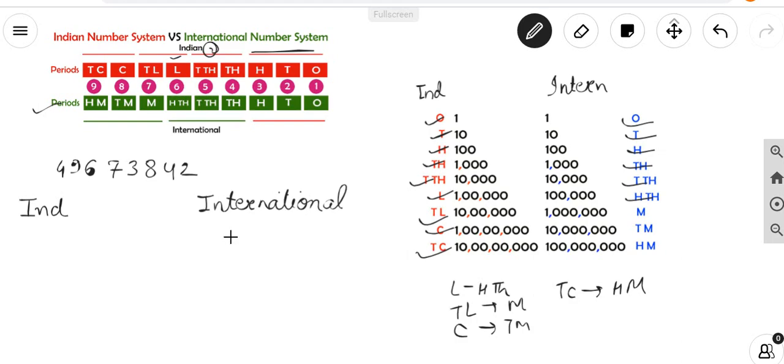First we will take the international number system. First we will put a comma after every period. In the international number system there are three periods, and each period has 3 places. 1 2 3, put a comma here. 1 2 3, put a comma here. This holds all places in the ones period, this holds all places in the thousand period, and this holds 2 places in the million period.